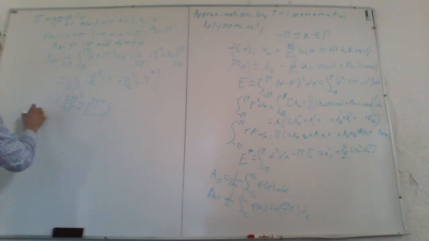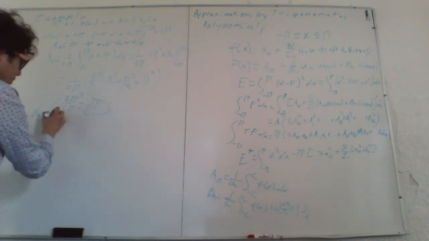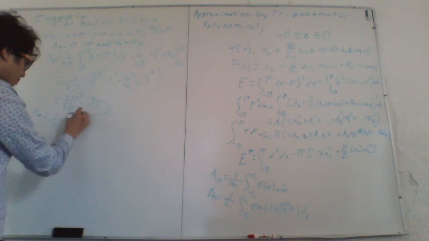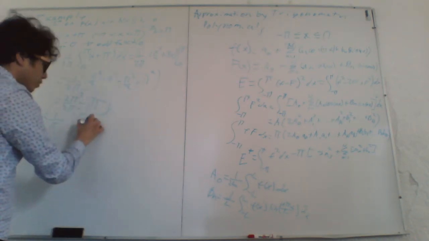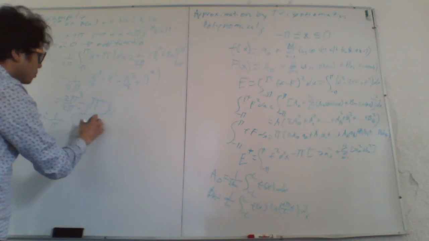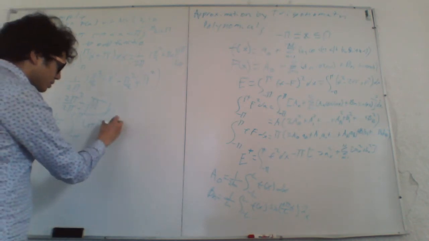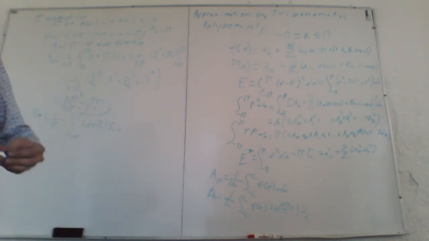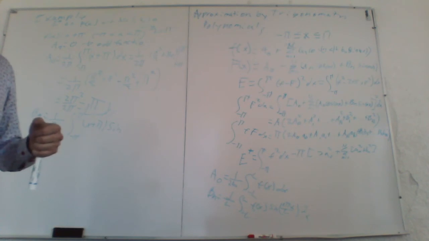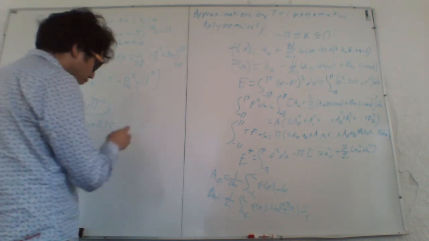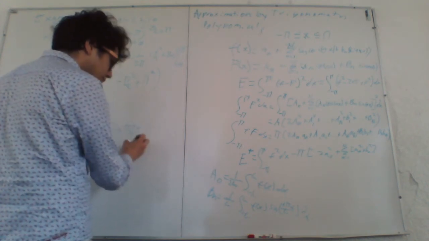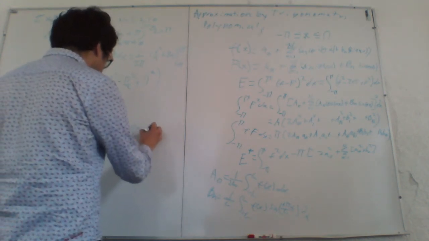Okay, bn is equal to 1 over pi, the integral from minus pi to pi of (x plus pi) sine of n pi x over pi dx.